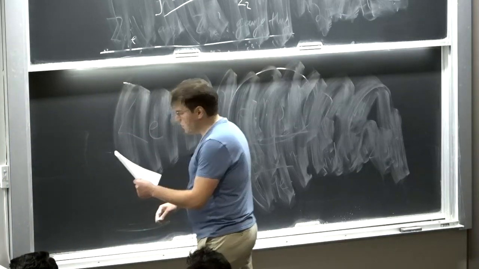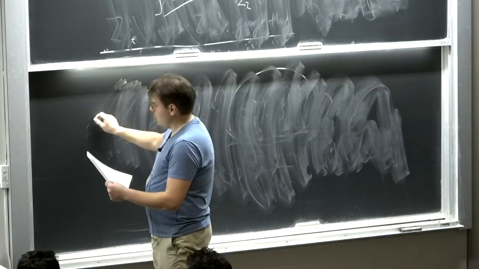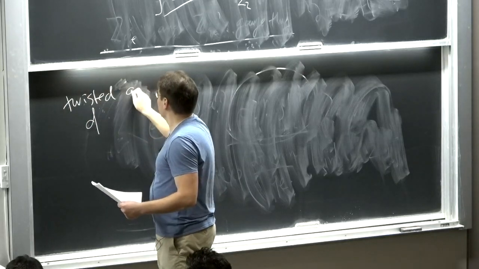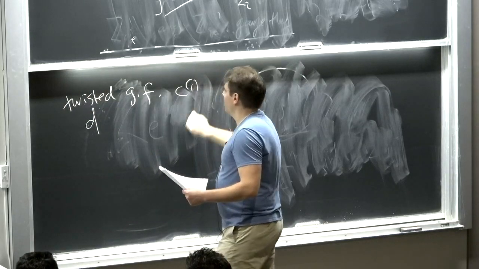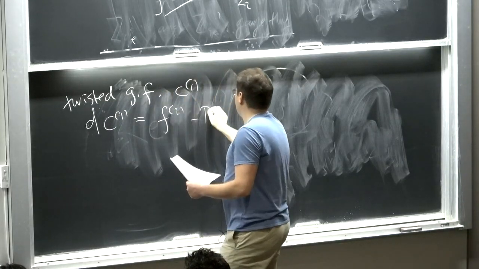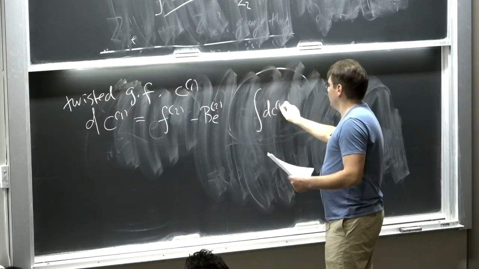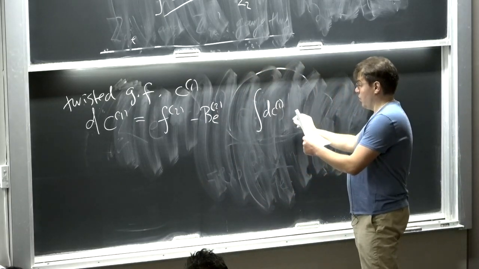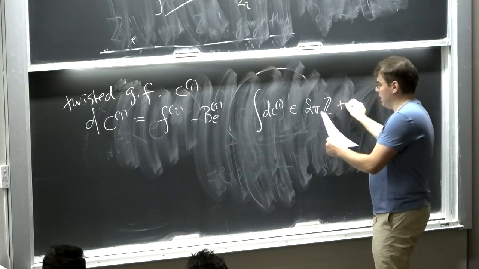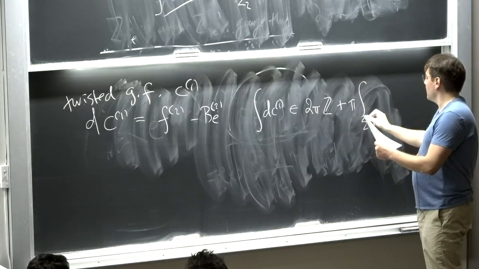So if you use the prescription that we had before, the thing that we called the twisted gauge field C had field strength equal to F minus B electric, and it had a flux which was in 2 pi Z plus pi times the integral of B electric over sigma.